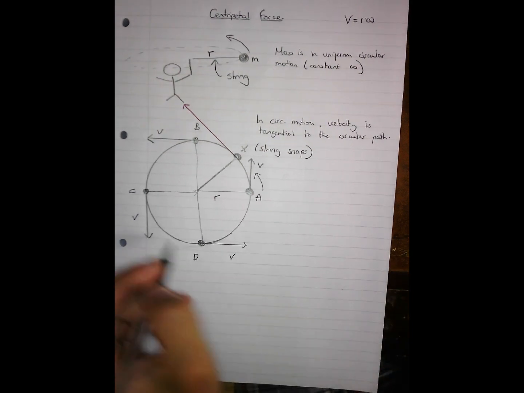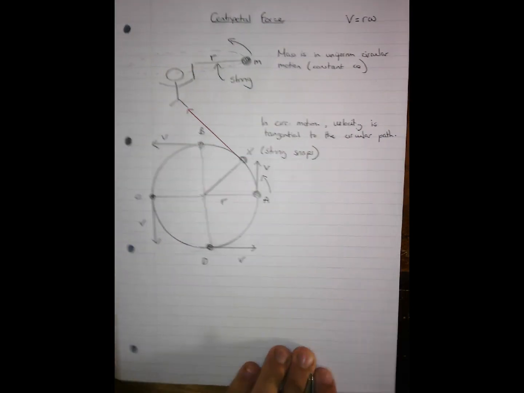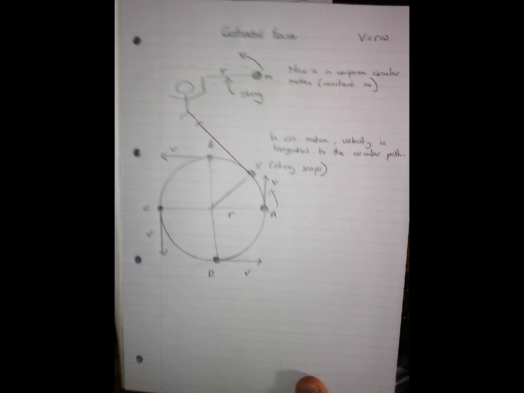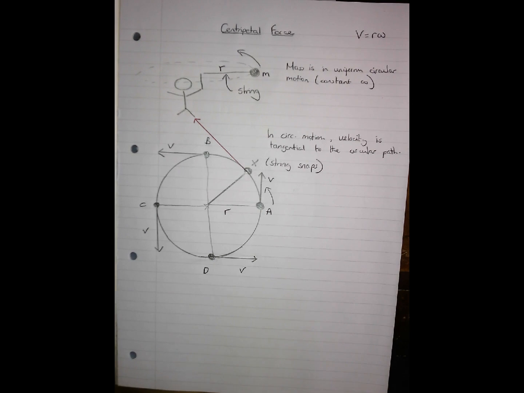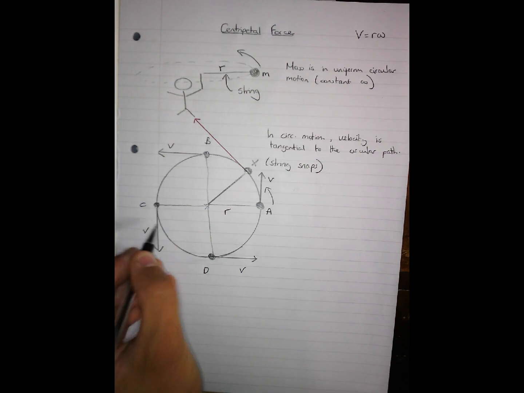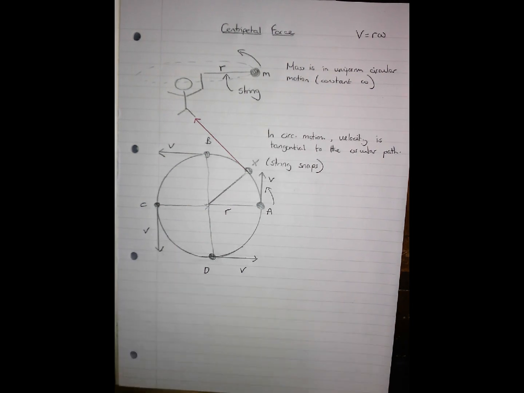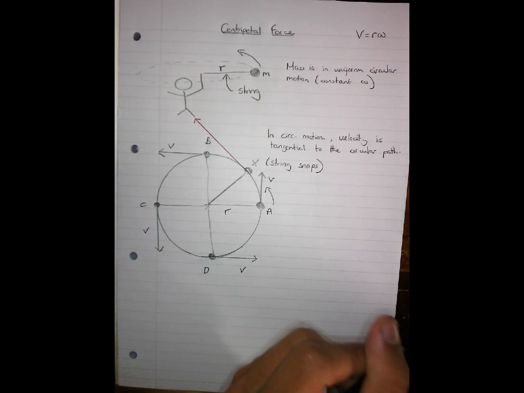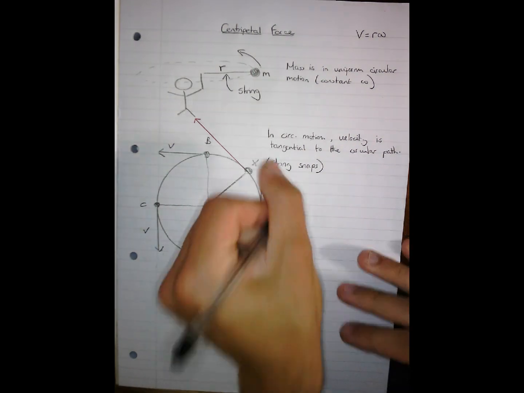In all circular motion, we say that the mass is accelerating. The reason why the mass is accelerating is because the direction of the velocity is constantly changing. This is a really important note, and it has come up in GCSE as well.